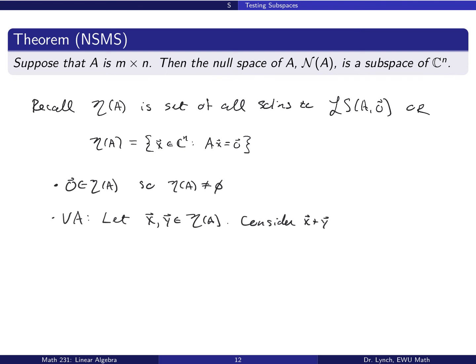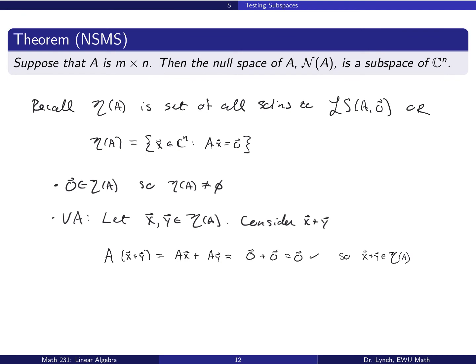So to show that a null space is closed under vector addition, we assume that x and y are elements of the null space. That is, they satisfy the rule to be in the null space, and then we'll have a look at their sum, x plus y.